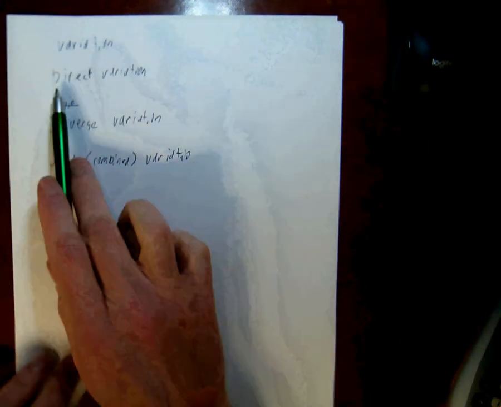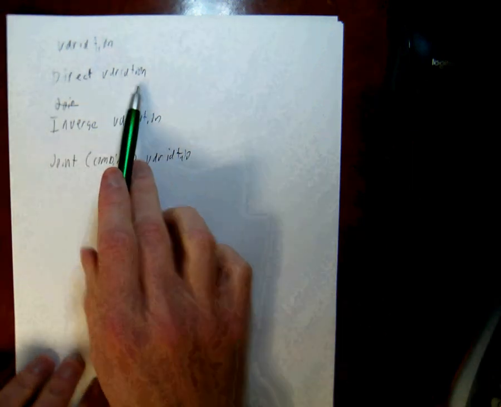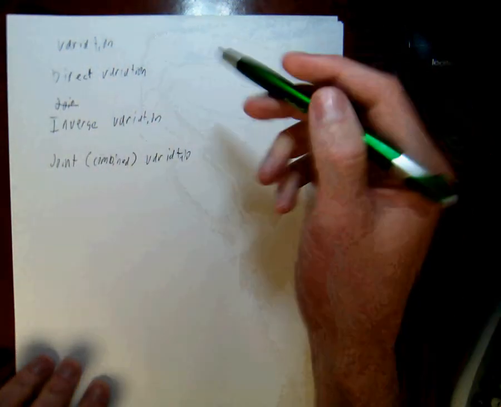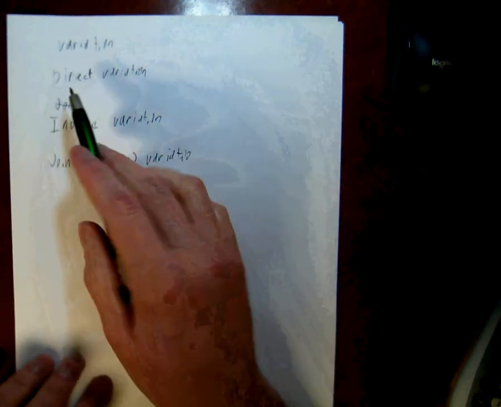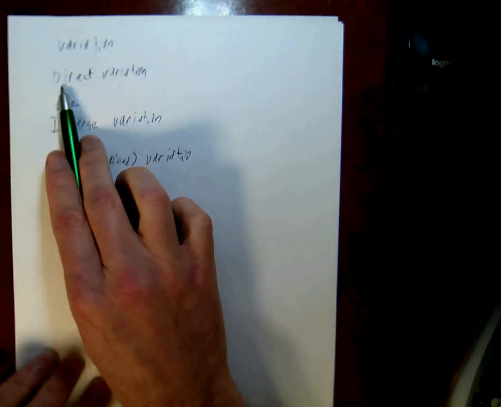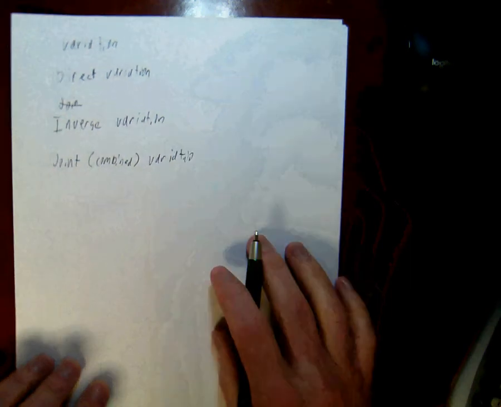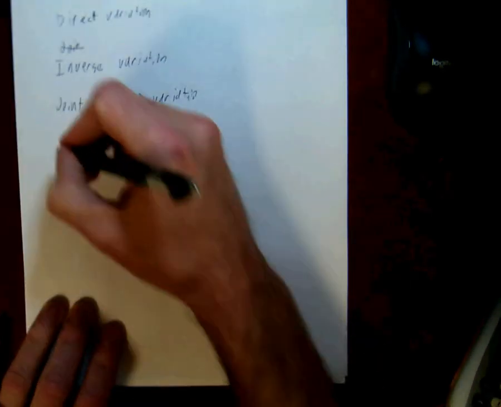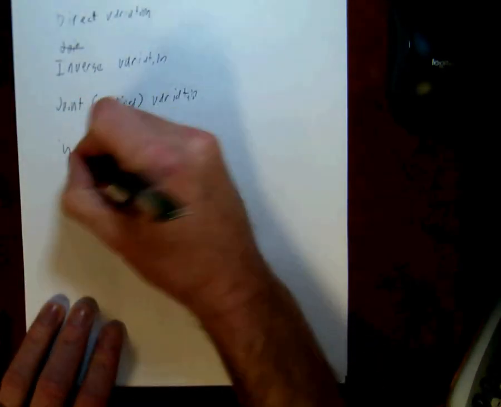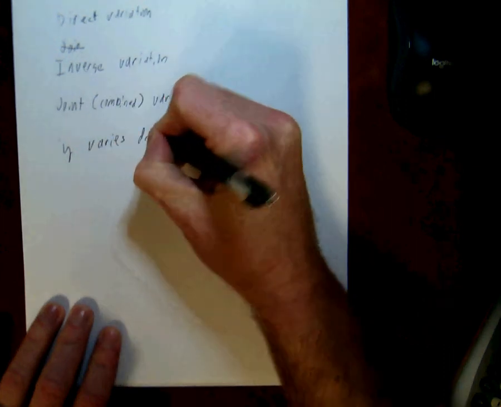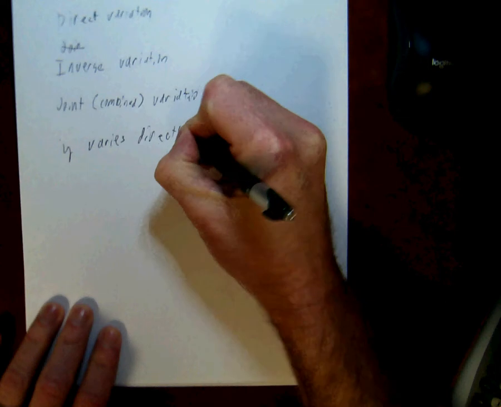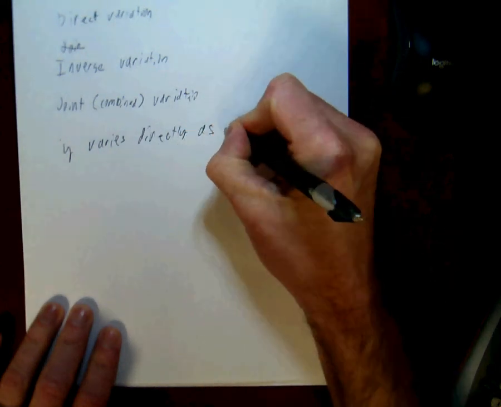So when I say direct variation, and actually all of these things are to create an equation. And the way, if I create with x and y, if I say y varies directly as x, right?